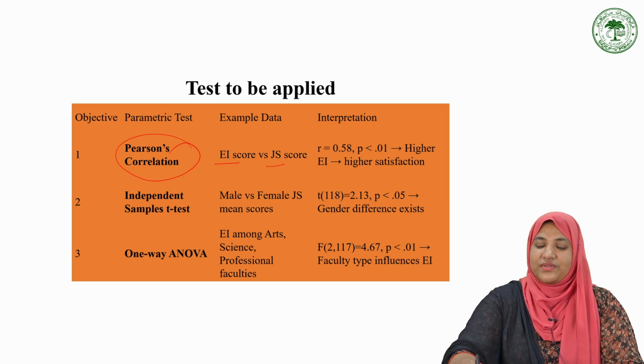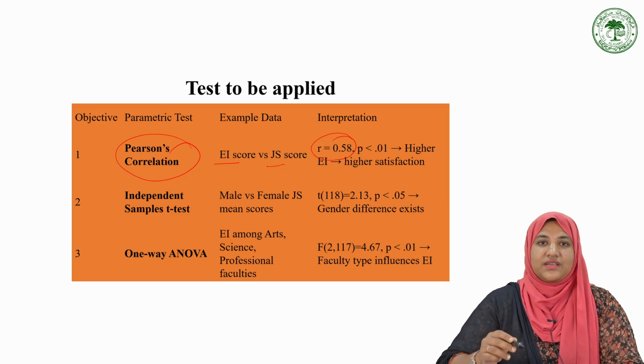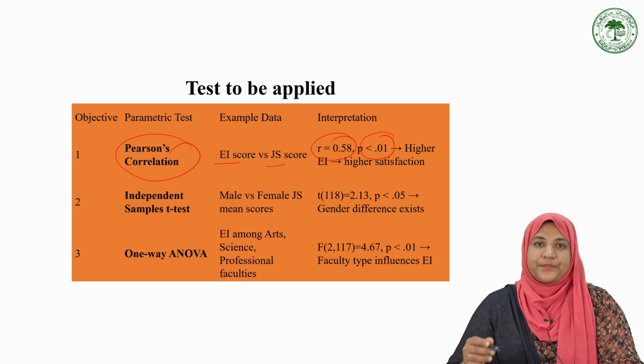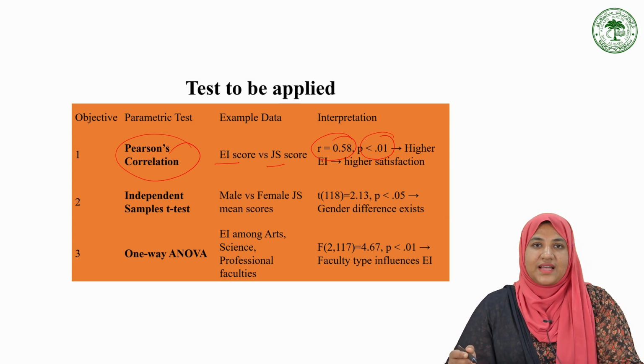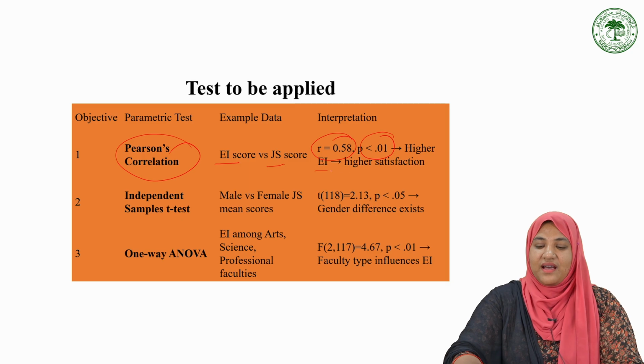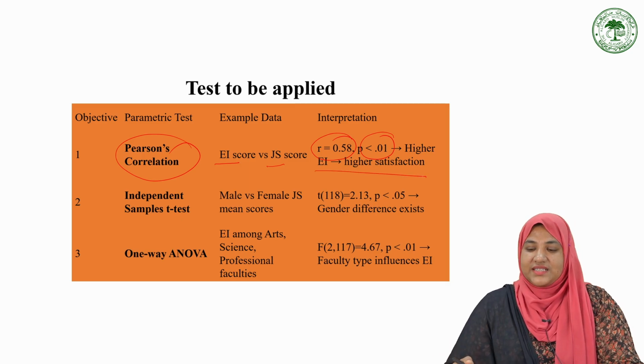Here we found that the value of the correlation is 0.58 and the significance level, the p value, is considered as less than 0.01. So what we assume is that the higher the emotional intelligence, the higher the satisfaction. If there is higher emotional intelligence, we can say that the job satisfaction of the teachers is also high.